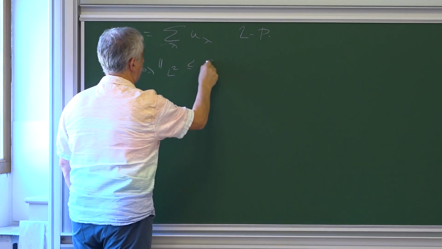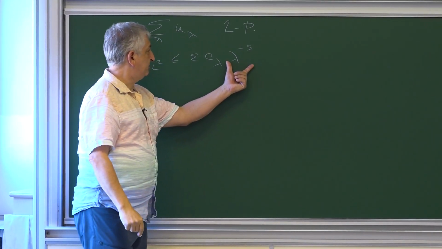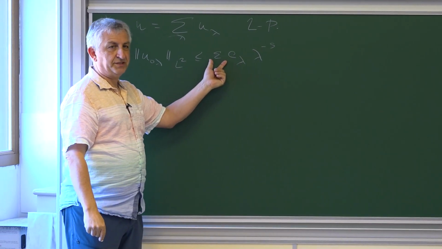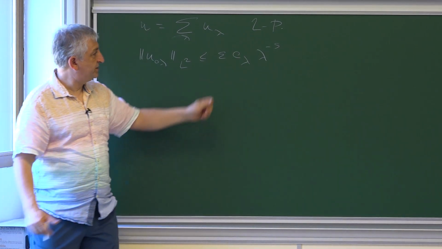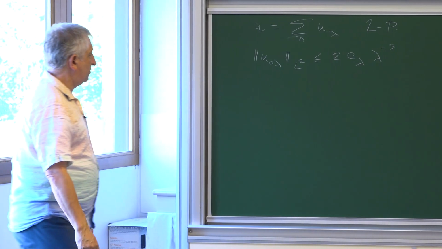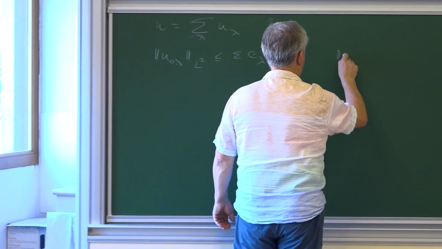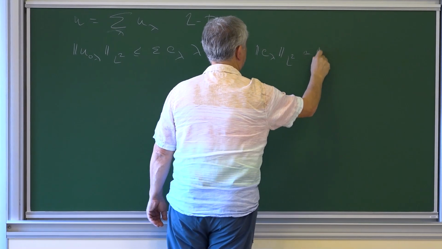So let's say ε c_λ λ^{-s}, with λ^{-s} because of the H^s regularity. Epsilon is the small parameter, and c_λ is the actual frequency envelope, normalized in small ℓ² so that the norm of c_λ in ℓ² is comparable to 1.